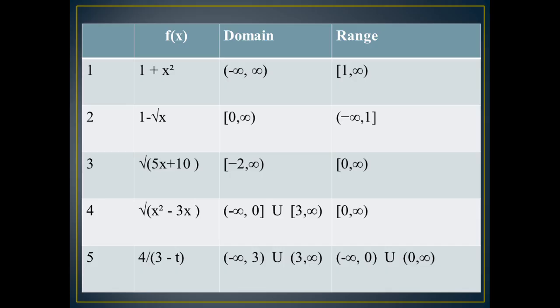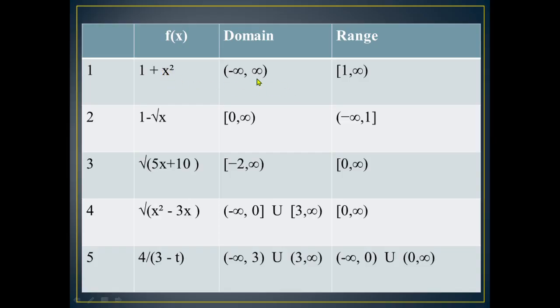Let us revise all these functions. That is 1 plus x square. It allows all real values. So the domain is minus infinity to infinity, and the range is 1 to infinity. Here there is a square function. So even if x is a negative value, this will be positive.